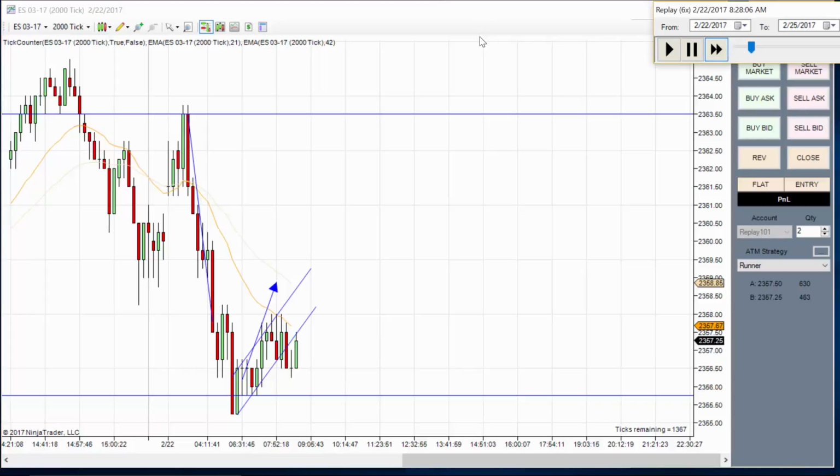Speed it up. So from this low, you've got a first entry here. You've got a break and a new high here. And then it's going to give you a nice bearish bar for a potential second entry short, which in real time would be really tempting.